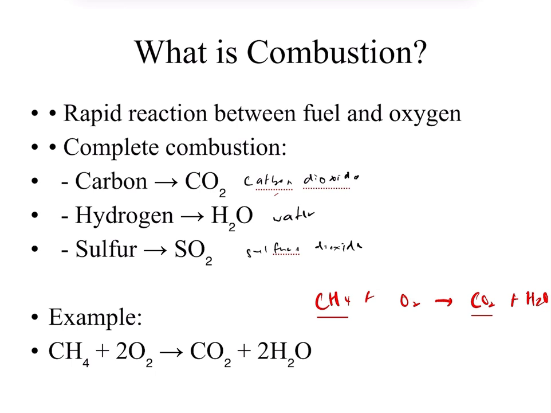In order to have 4 H on the right side, we will add 2 H2O, with CO2. So the right side is complete, and then we will count the oxygen on the right side. 1, 2 and 3, 4. So we have 4. So we need to change the oxygen to 2O2 plus CH4, and we will get the balanced equation.